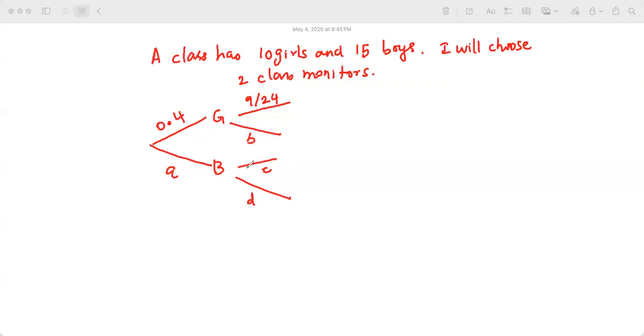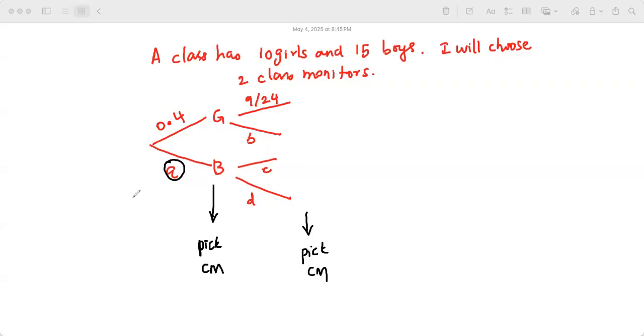A class has 10 girls and 15 boys. I have drawn a tree diagram. I'm going to choose 2 class monitors. So 2 class monitors means picking one class monitor, then picking another class monitor. Those are the events, right? Now, what should be the value of A?